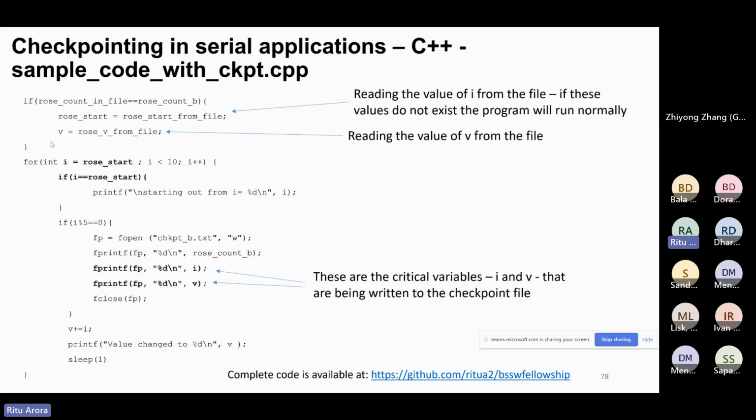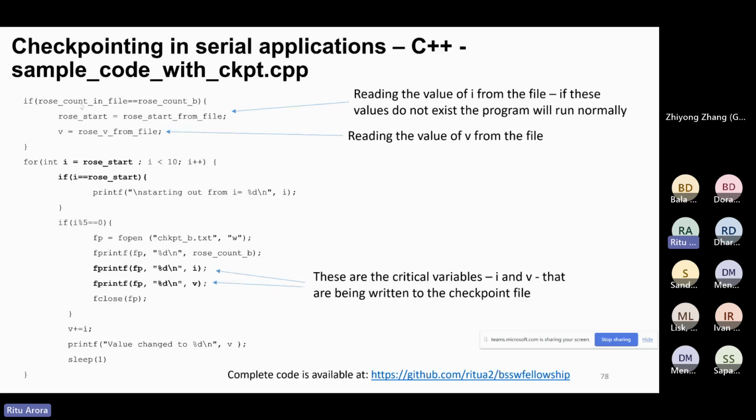If you find this flag R passed from the command line, you can set up your logic such that if restart, then read the value of certain variables like row start or v from the restart files or the checkpoint files, rather than initializing them by default.